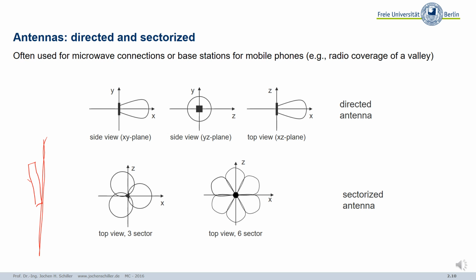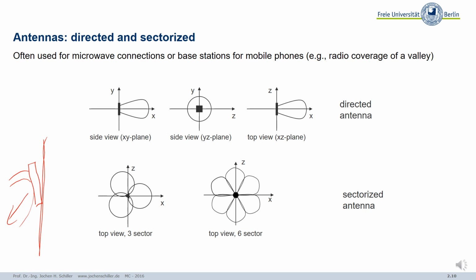And the main lobe then should go towards you walking somewhere on the road or towards the cars, and not directly into the roofs of other buildings. Doesn't make sense. So it's slightly tilted. You can do this tilting of the antennas either in a mechanical way or in an electronic way. So this is what you see quite often on these base stations of mobile phone systems.